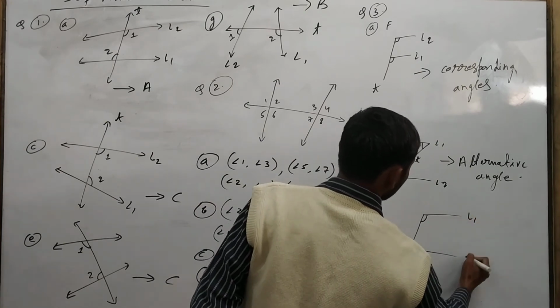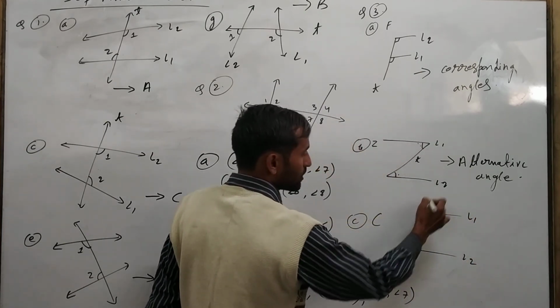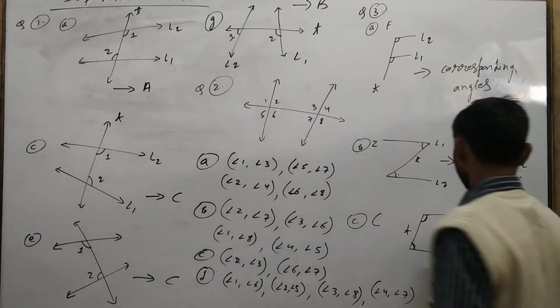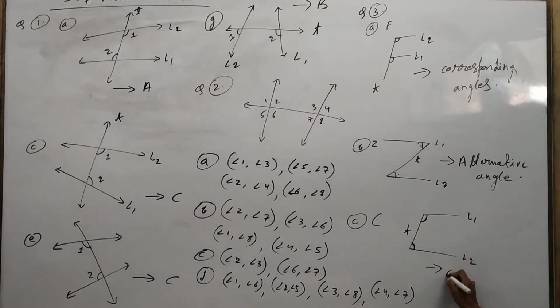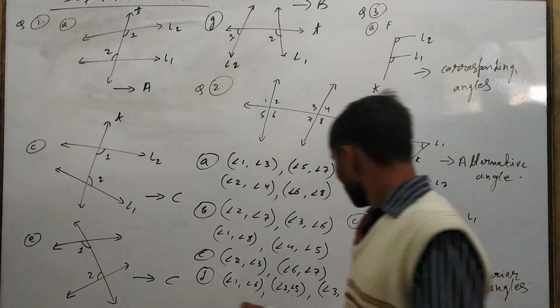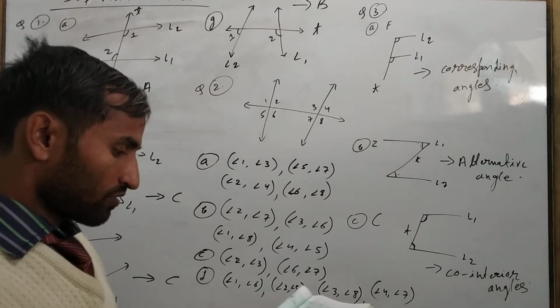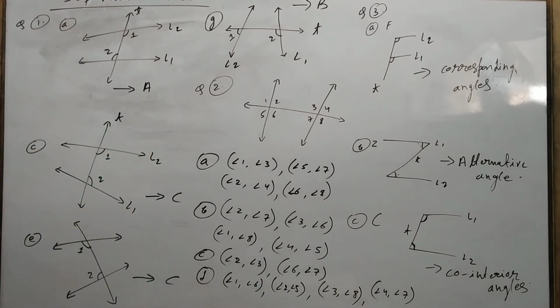This one is L1 and this one is L2 and this one is the transversal line T. So it will form co-interior angles. So we will write down here co-interior angles. Okay. Like that we have to do. Till question number 3, I have explained each and every question. Whatever I have left, try yourself. Next video I will explain the next topic and next exercise. That's all.